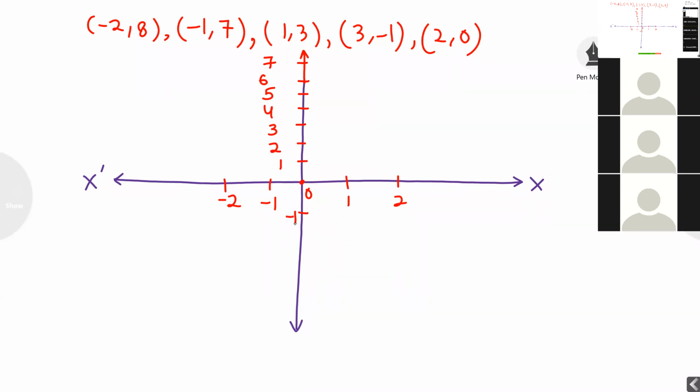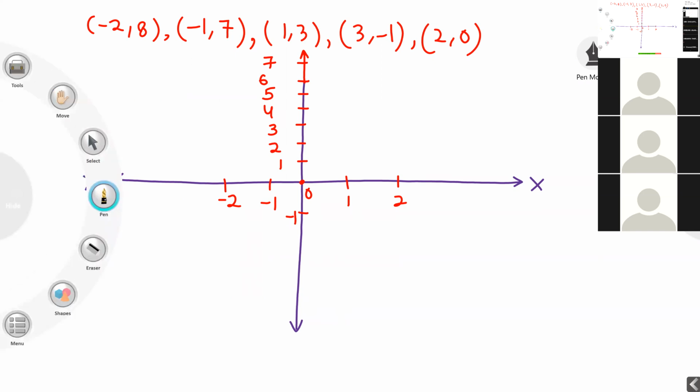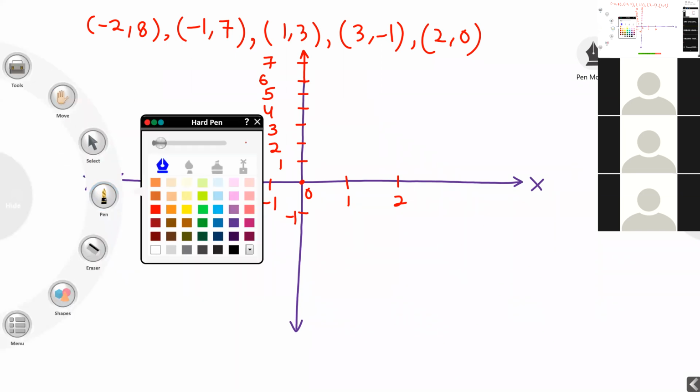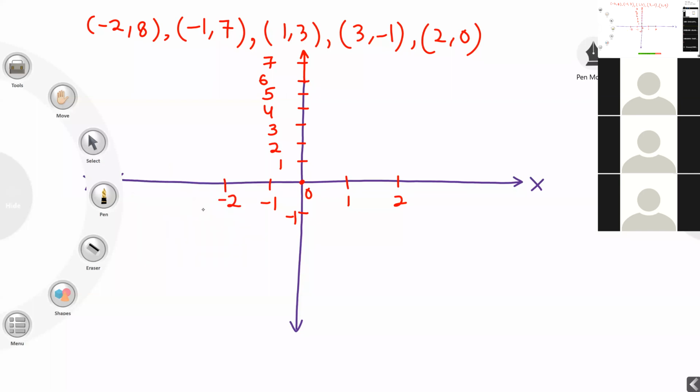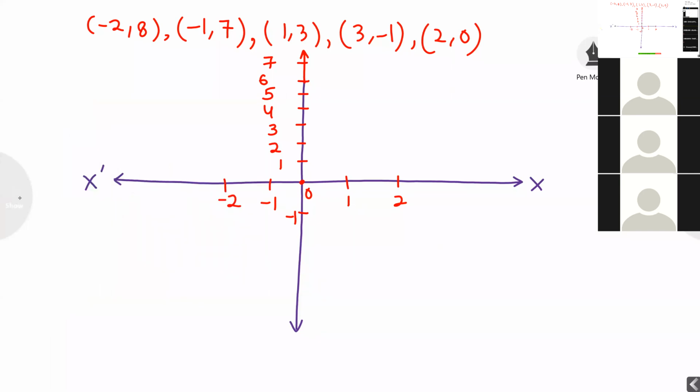Now we want to plot the graph. First point, x is -2, y is 8. x is -2 and y is 8.